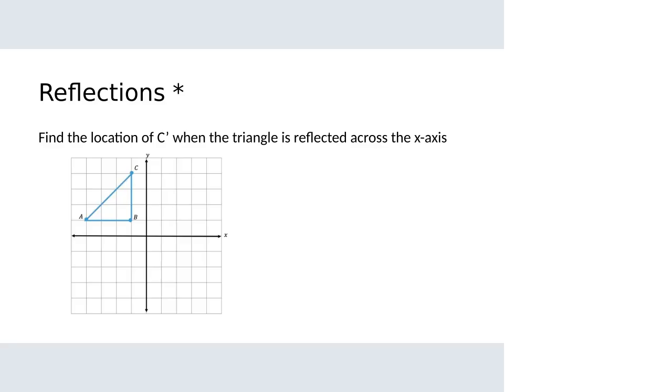All right, here goes. Find the location of C prime when that triangle is reflected across the x-axis. I'll set up a poll for this one too. My instinct is that it's going to go great, but just to make sure.